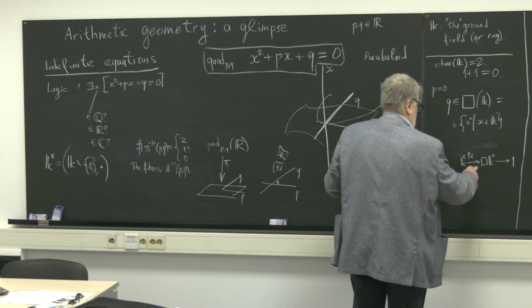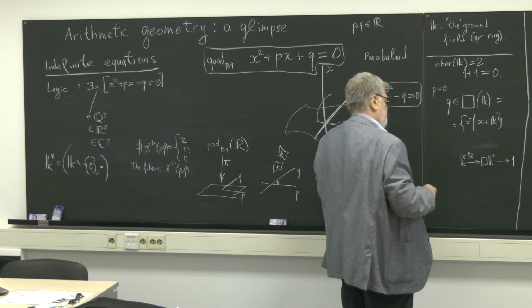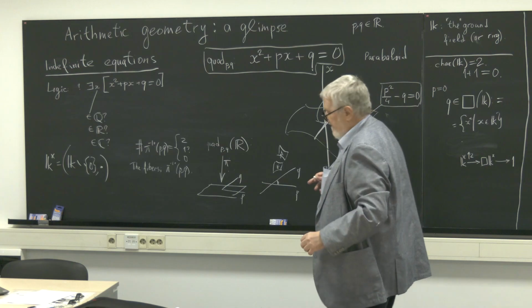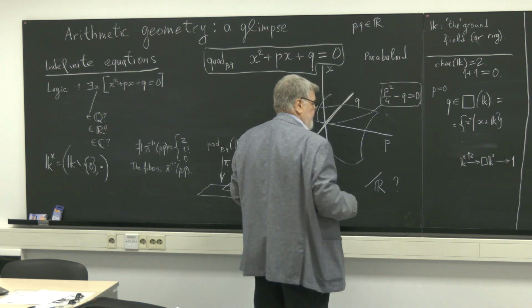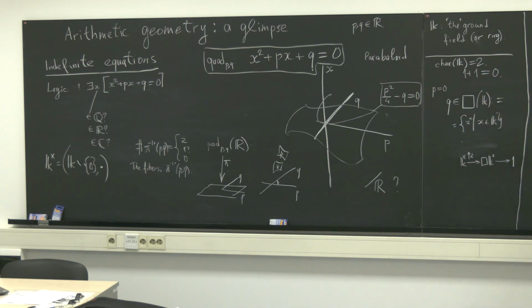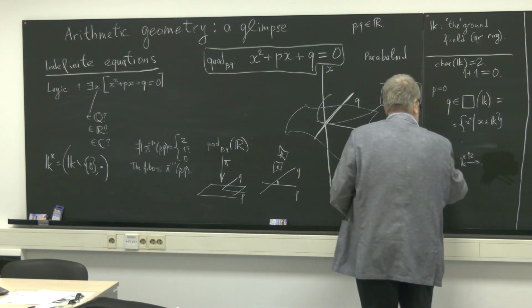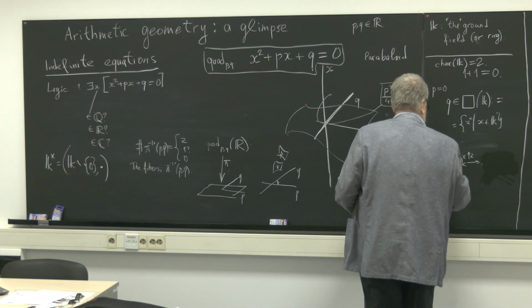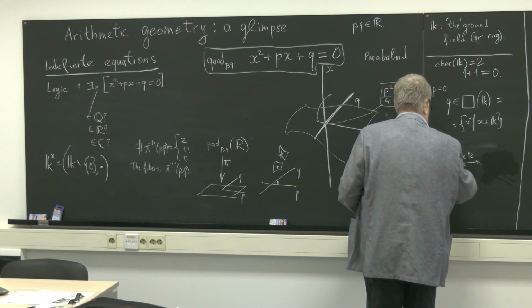Please excuse me, I'm writing wrong things. Well, on the contrary, the square is just the half of this group.